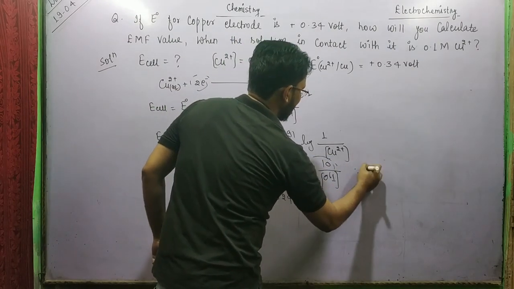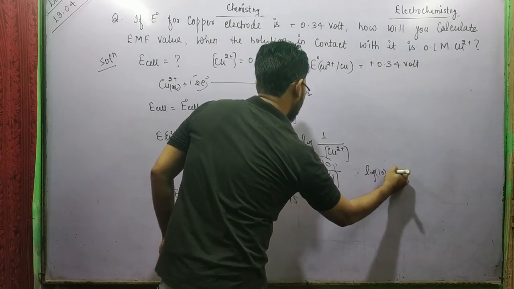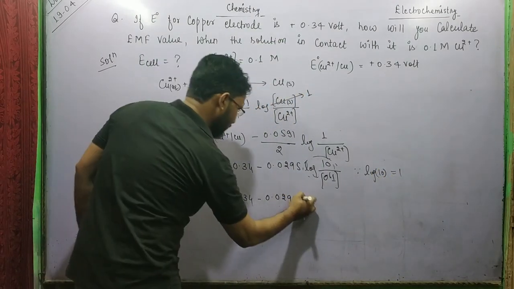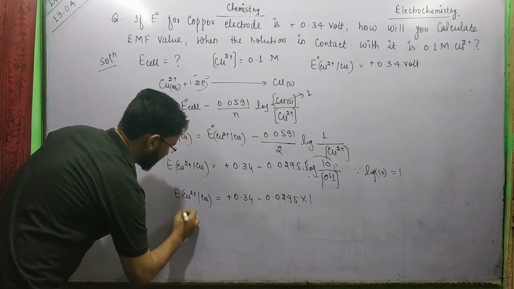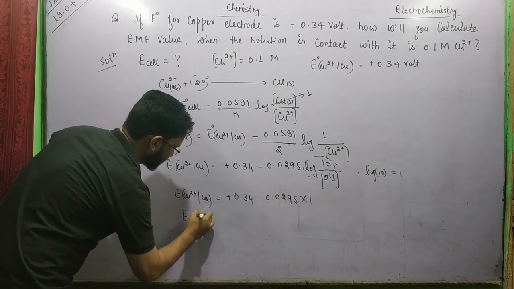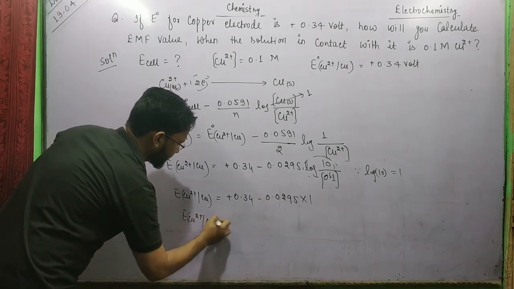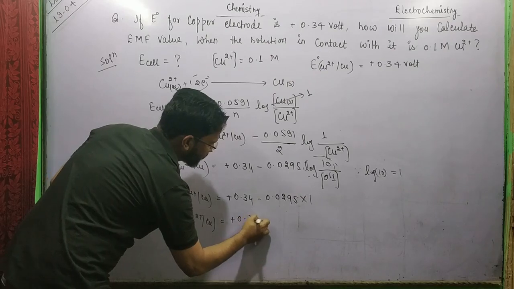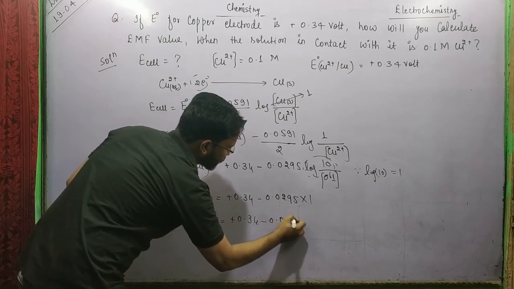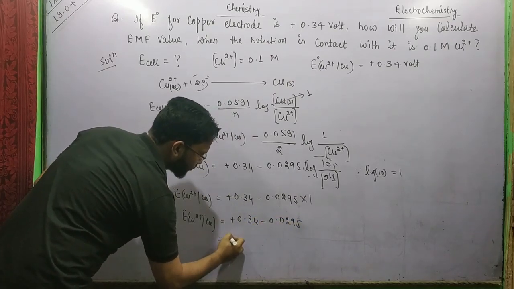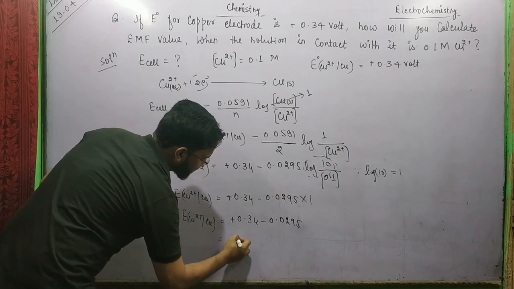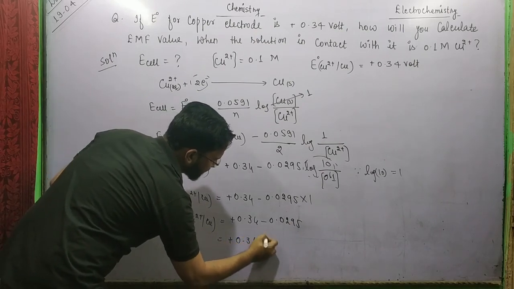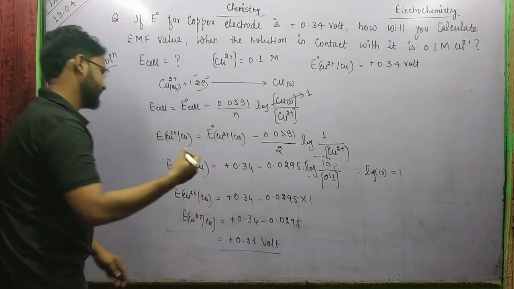We know that the value of log 10 is 1. Then E Cu2+/Cu equals plus 0.34 minus 0.0295, and this value equals plus 0.31 volt, and the answer is this.